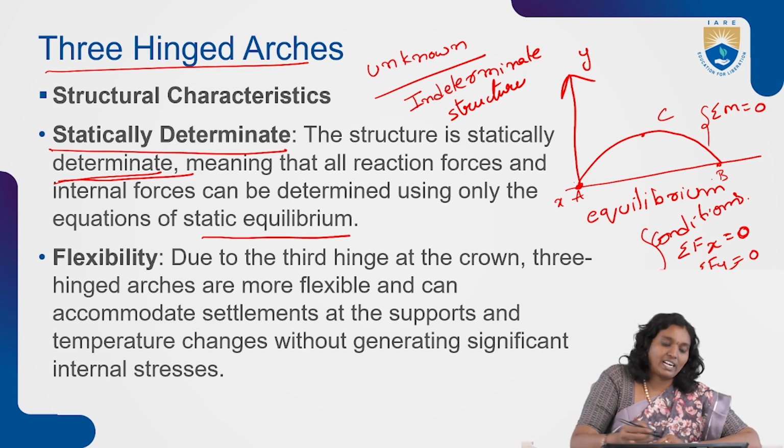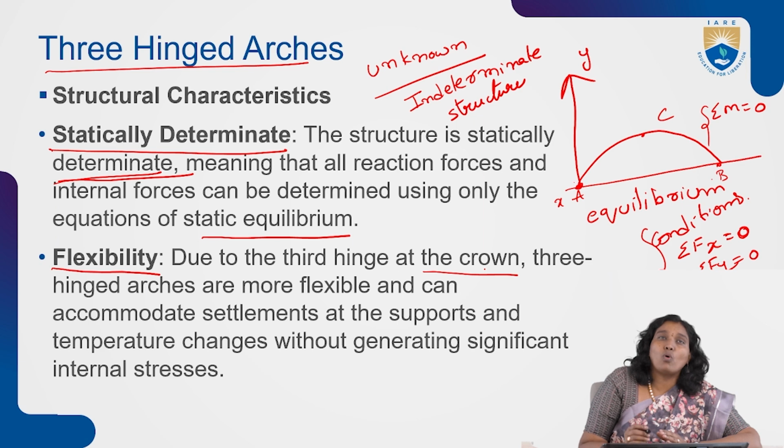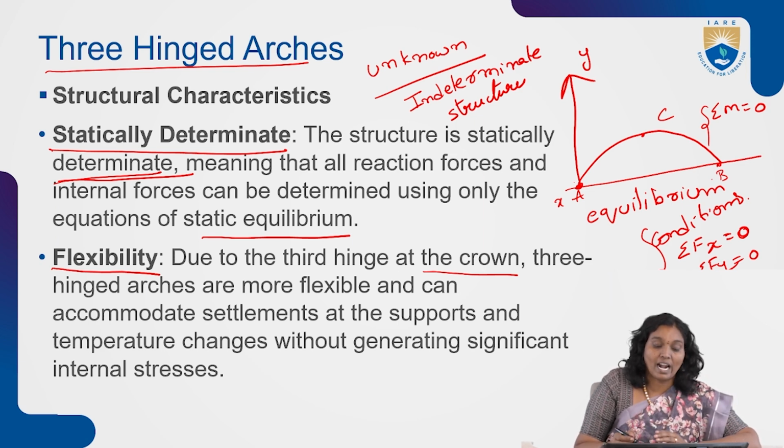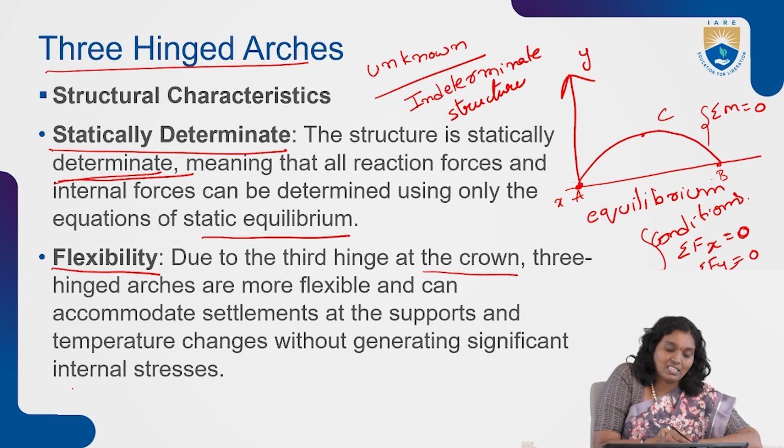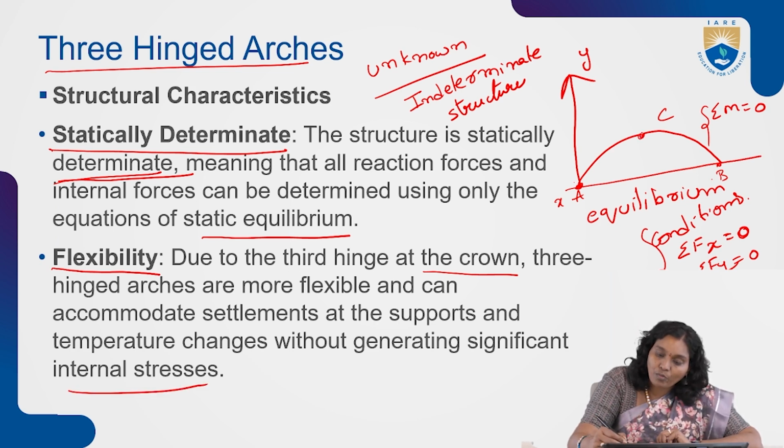And the next characteristic is flexibility. Due to the three hinges, one being at the crown, these three-hinged arches are more flexible and can accommodate settlements at the supports and temperature changes without generating significant internal stresses, because of the one more hinge that acts at the center.